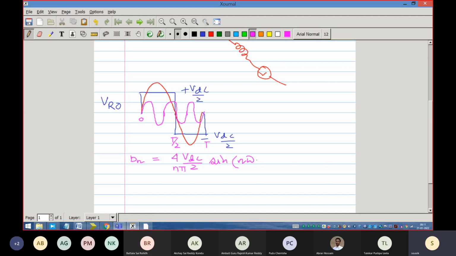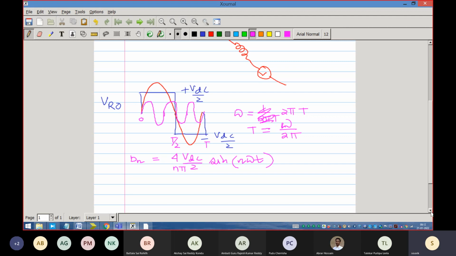Omega is equal to 2 pi f, so omega is equal to 2 pi by T. So T is equal to 2 pi by omega.